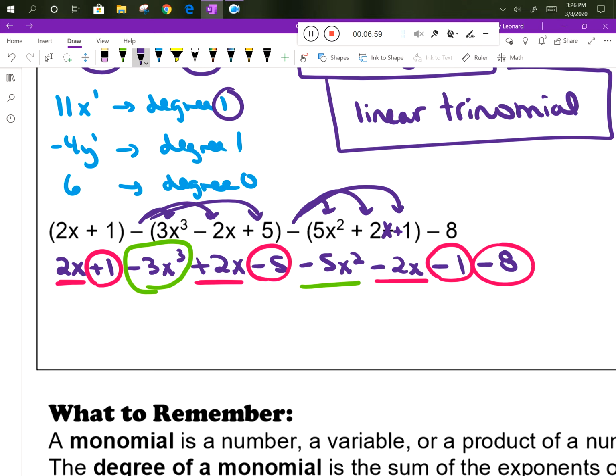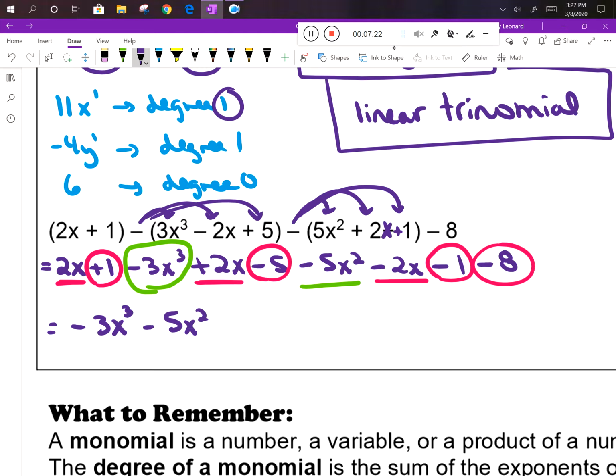So here's where that idea of standard form comes in. Anything with a high power wants to come first, and anything with a low power wants to come last. So the highest power I see is a 3. So this negative 3x cubed is going to be our first term. Our second term will be negative 5x squared, because that's the next highest term.